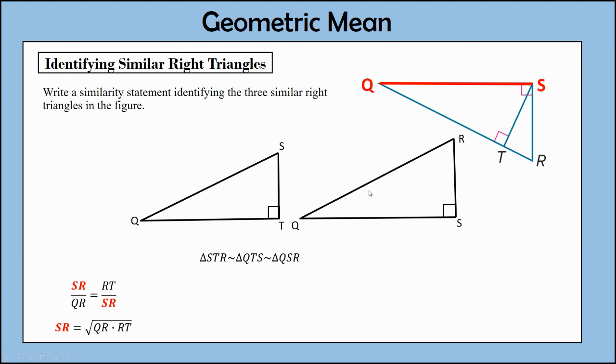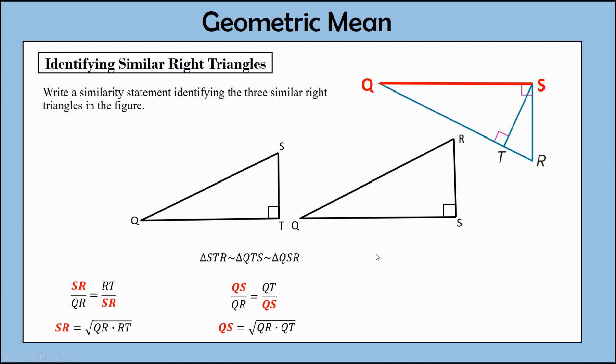So again, these triangles are proportional. I could say the ratio of QS to QR is equal to the ratio of QT to QS. Now I've written a proportion that has QS in both of the ratios. If I do cross products and simplify, QS is equal to the square root of QR times QT. That's that theorem from yesterday.